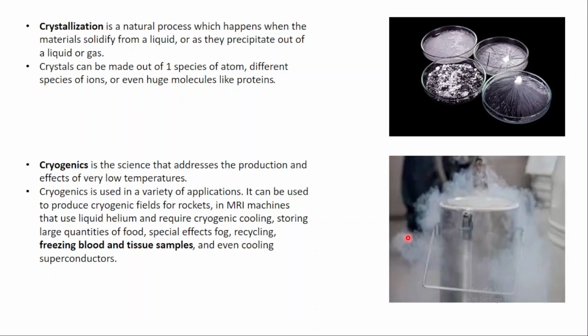And here is an image showing the use of liquid nitrogen as a cryogenic medium, which will freeze the tissue sample. So generally you must have heard about bacterial stock preservation or cell culture stock preservation.